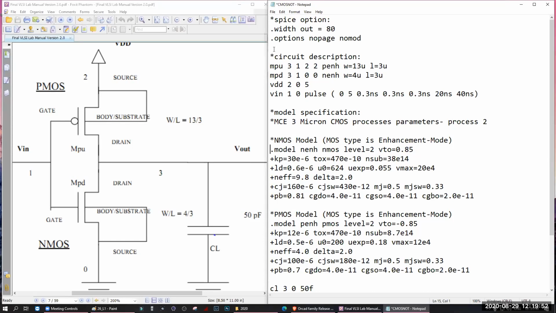Remember, when you start a line using a star, that means it is a comment. Comments are not effective in the code, so these are not necessary as well.